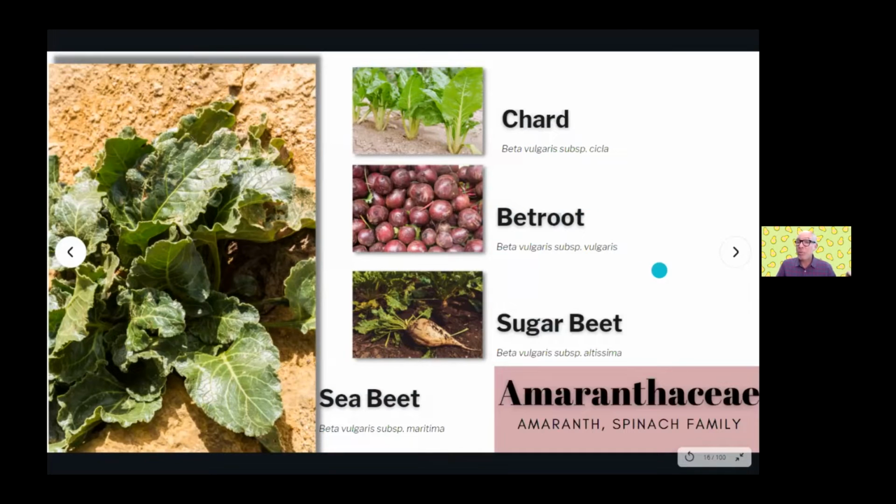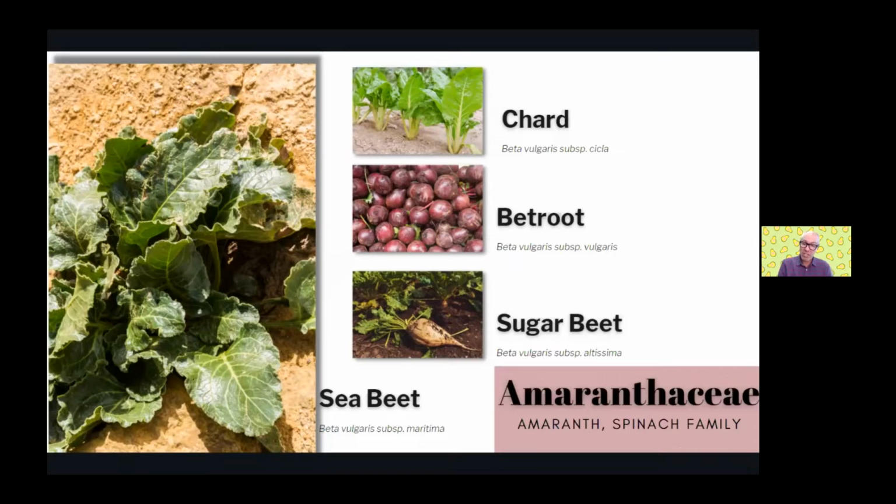Selecting for nice tender edible leaves in this plant has given us a plant known as chard. Selecting for exaggerated storage roots has produced from the wild a cultivated plant called beetroot.